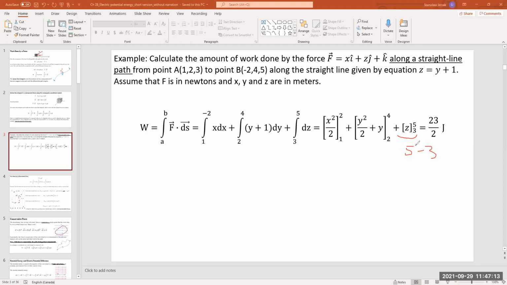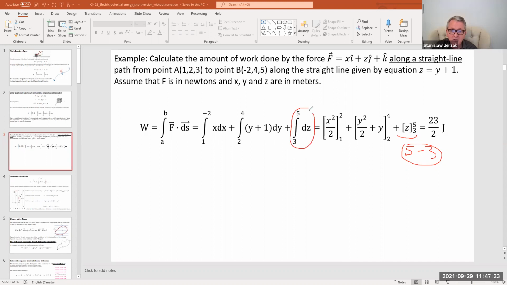You don't substitute z for y plus 1. So this is the result of this integral, and this is the result of that one. So integrate one by one.